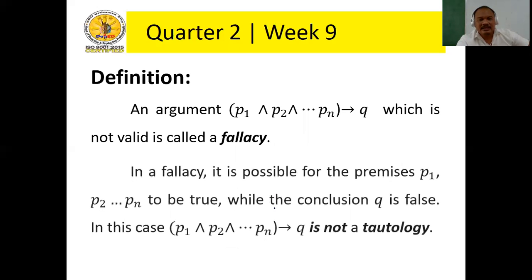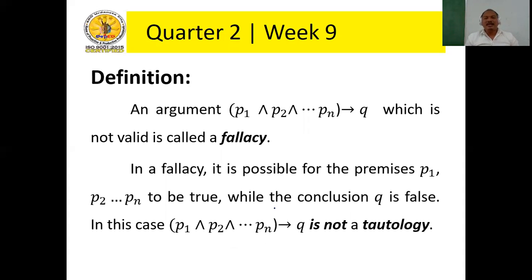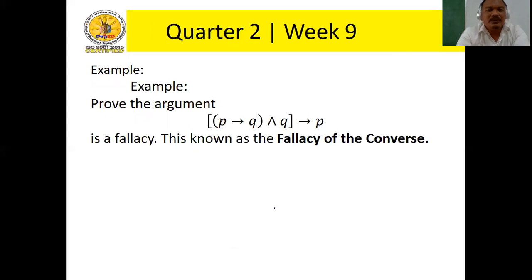Okay. In a fallacy, it is possible for the premises P sub 1, P sub 2, and P sub n to be true, while the conclusion Q is false. In this case, the P sub 1 and P sub 2 and P sub n implies or then Q is not a tautology.